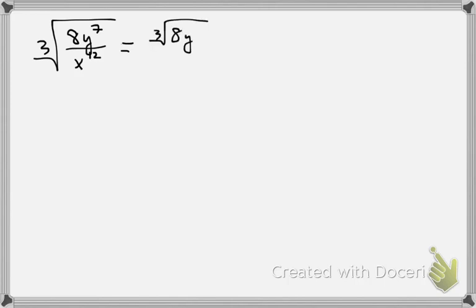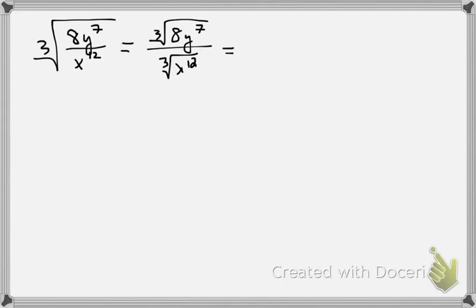But before I do that, why don't I give you another cube root? What if I give you cube root 8y to the 7th over x to the 12th? Cube root of 8y to the 7th over cube root x to the 12th.